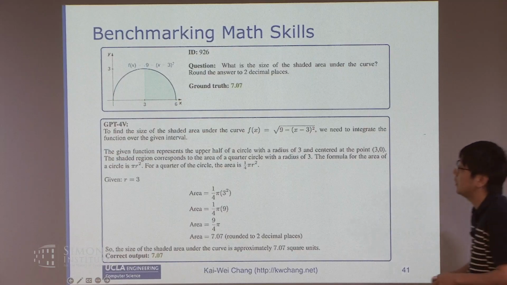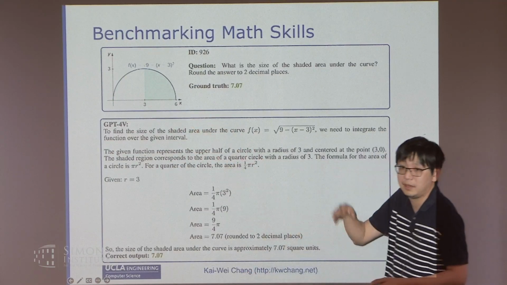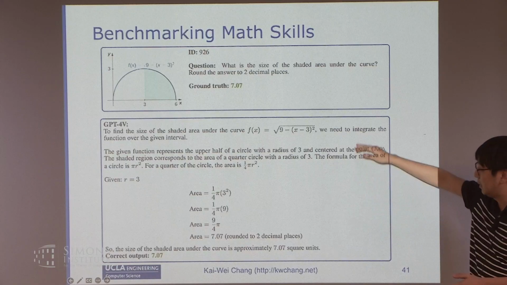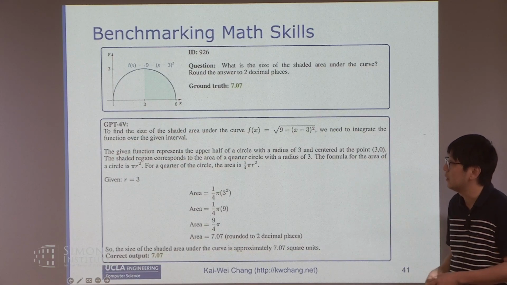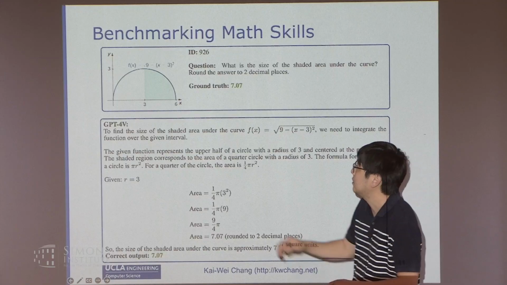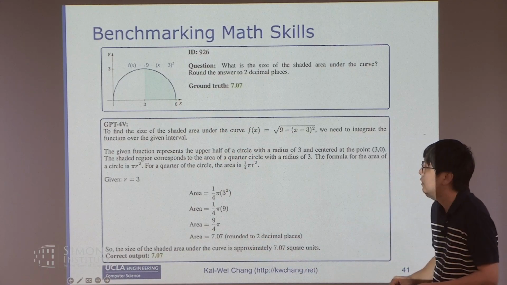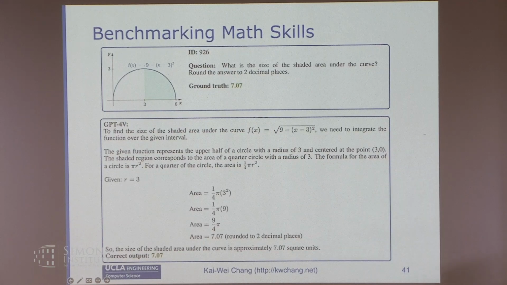Then you need to recognize this equation, recognize this shape, and then calculate the shaded area under the curve. For many of these cases, the model can give you a right answer, but in other cases it cannot. We did a detailed study and found that in many cases the model may make a mistake recognizing the equation, or recognizing some part of the image.